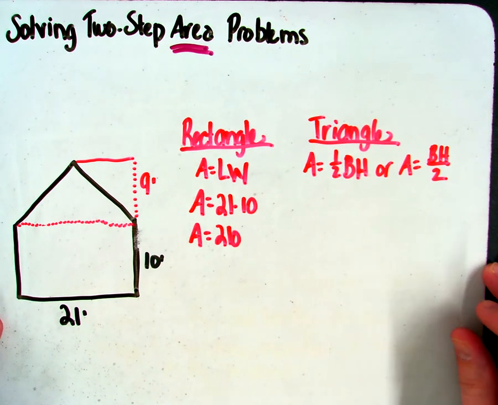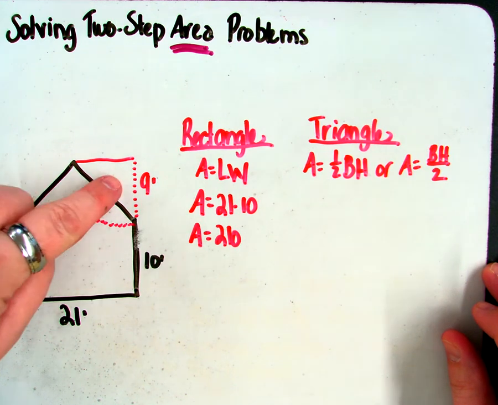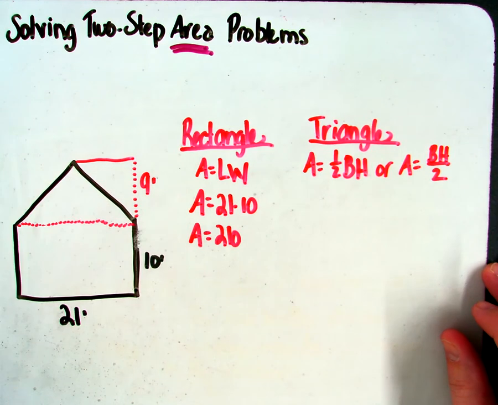Now let's look at our triangle. That was a given. I was telling you how tall the triangle is, the height. I gave you all the dimensions in this figure.